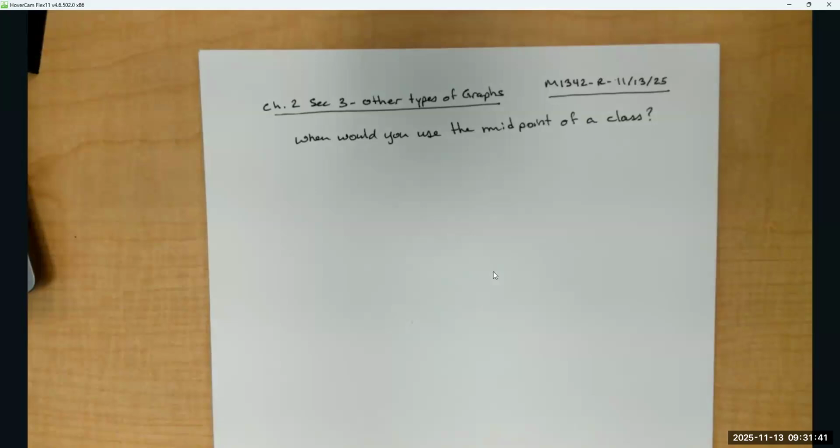This is what you're supposed to be doing outside of class. It's called reviewing. When would you use a midpoint? What is a midpoint? How do you find it? It's like the average, but how do you mean like the average?